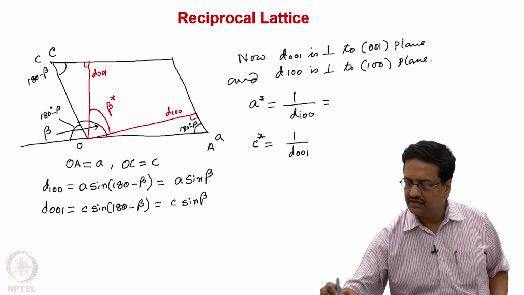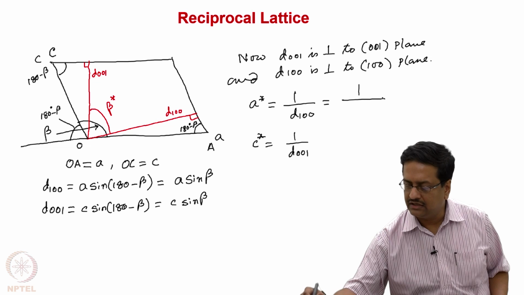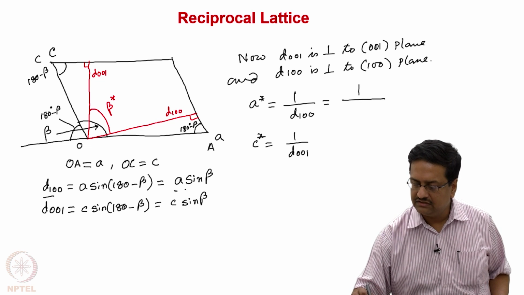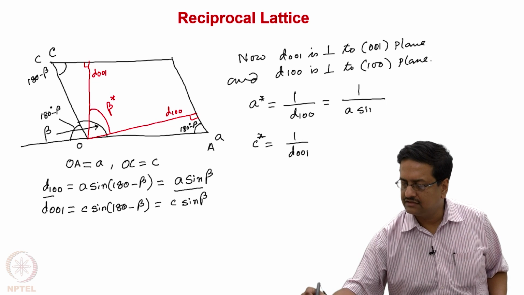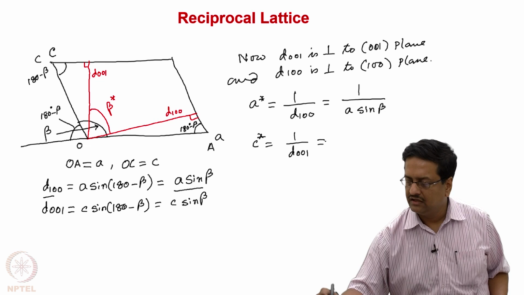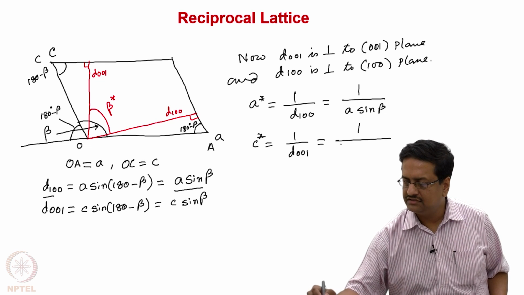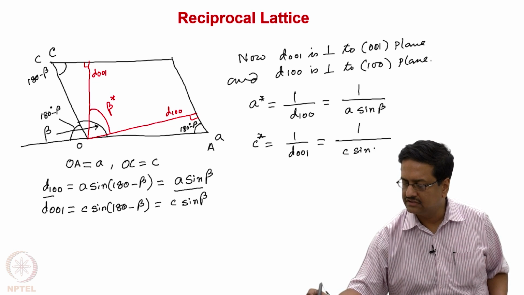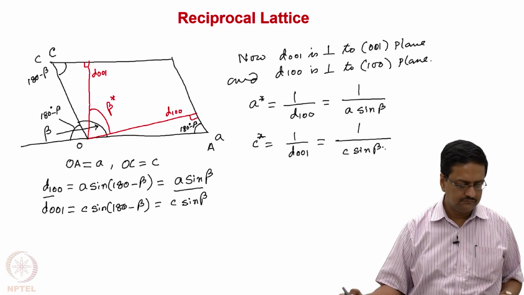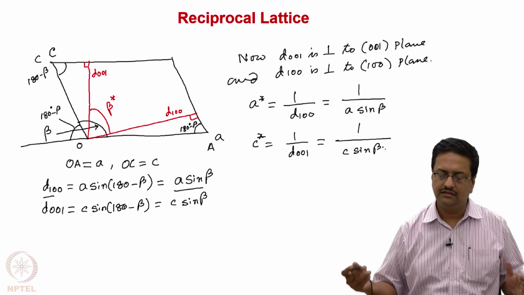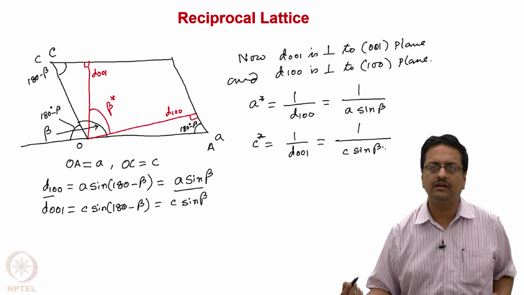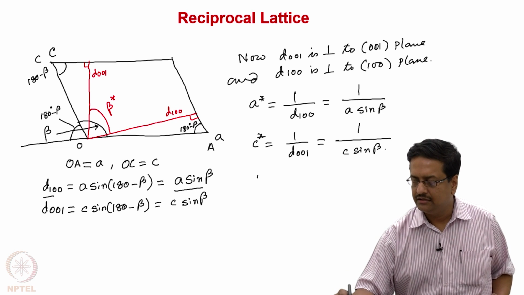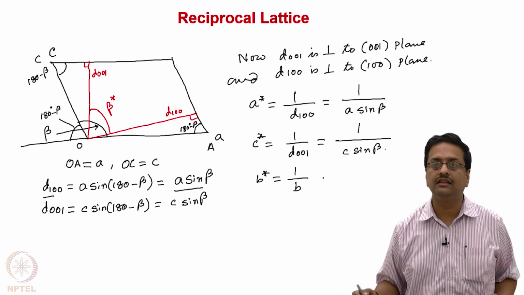Now, A star is equal to 1 by D100 and D100 is A sin beta. So, A star is equal to 1 by A sin beta and correspondingly C star equal to 1 by C sin beta. And obviously, since the direction B is perpendicular to both C and A, B star is the same as 1 by B, as was seen in the orthorhombic system.